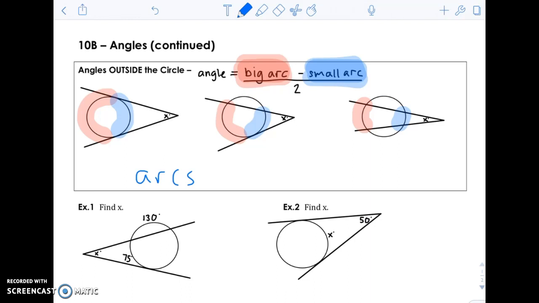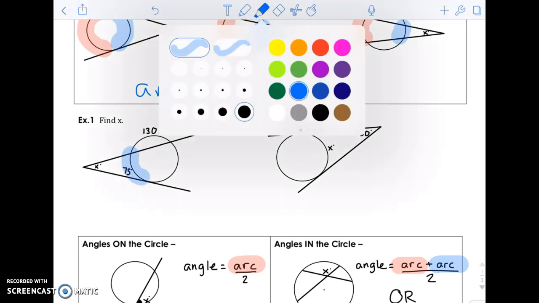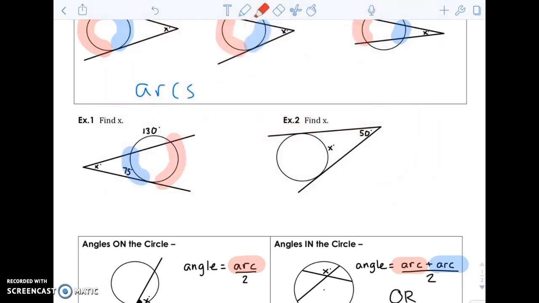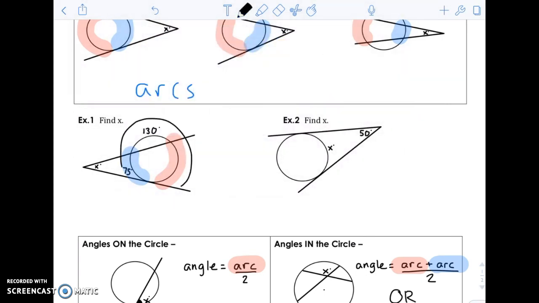So if we attempt this on one of the problems down here, if we look at example 1, notice that we have an angle located outside of the circle, and to solve the problem, we would have to know 2 of the arcs. This one, which would be the smaller arc, and this arc, which would be the bigger arc. A couple other things we know is that all the way around our circle would make 360, so we can actually calculate how large this one is.